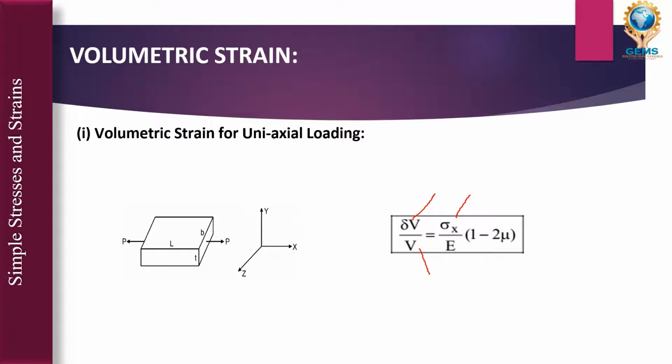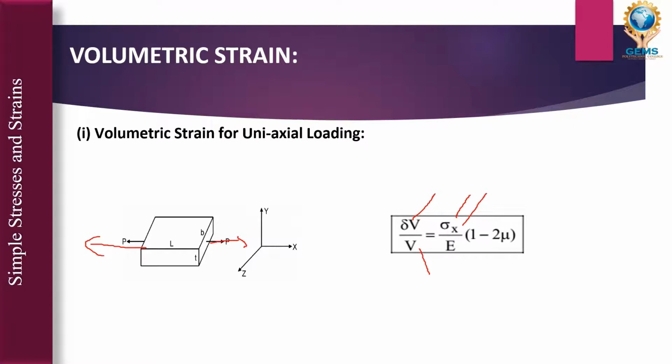That is very important: x denotes the direction of the stress. Here see, the load is from this direction and from this direction, so our stress will act in x direction.